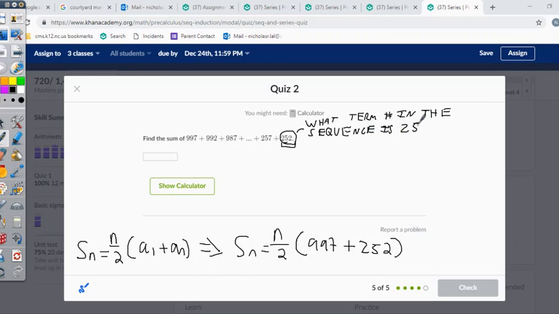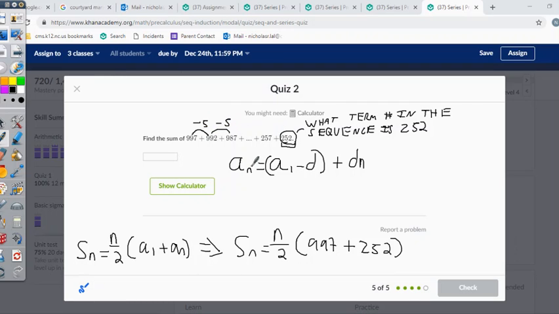And so we can find the explicit form, knowing that an is equal to, let's use the explicit form a1 minus d plus dn. Alright, so what's the common difference here? It looks like we are subtracting 5 each term.